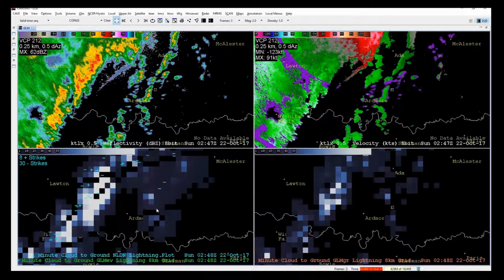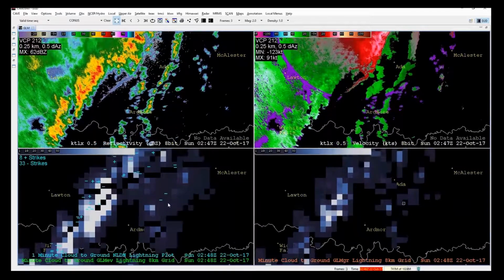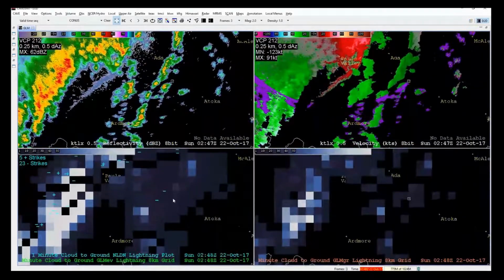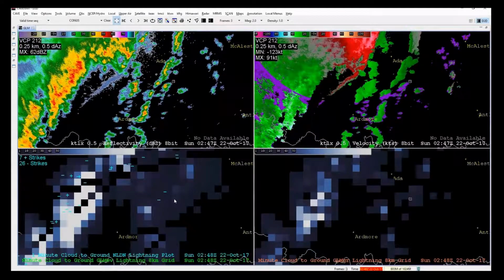So not only are you having to communicate to your customers that there's a threat of lightning along the convective line, but you also have to consider the fact that there's lightning occurring with these weaker cells ahead of the line as well. Again, going back to this concept of what are you conveying to your customers? What are you telling them in terms of the threats? And in all likelihood, there's a good chance that they may have to delay their event far longer than maybe they had anticipated.